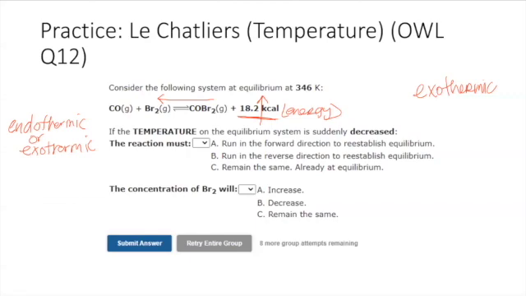I'm sorry, that's not what the question's asking. The question's asking if we were to decrease. Well, there's what's to happen if we were to increase. So if we were to decrease, though, we'd be filling a void, right? We need to go fill that void, and therefore we would push towards. So in this case, this is running in the forward direction.